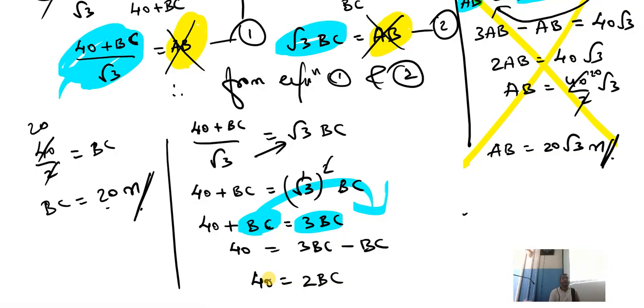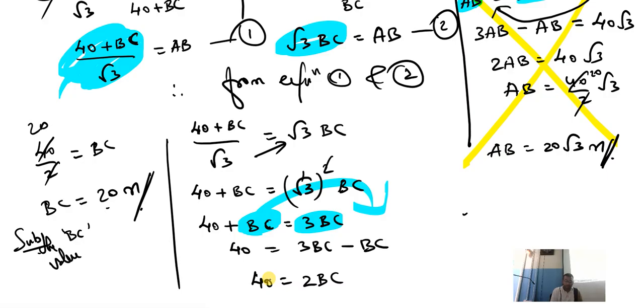But here they are asking the value of AB. They are not asking to find BC. Now you take any one, either equation 1 or equation 2, your wish. Substitute the value of BC in equation 2, which is easy for me. What is equation 2?